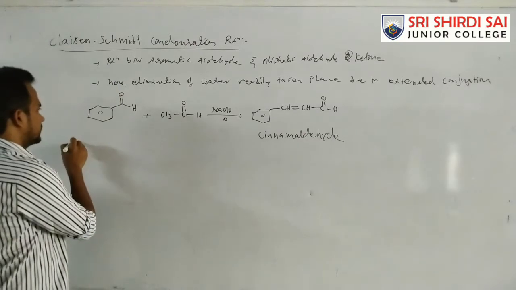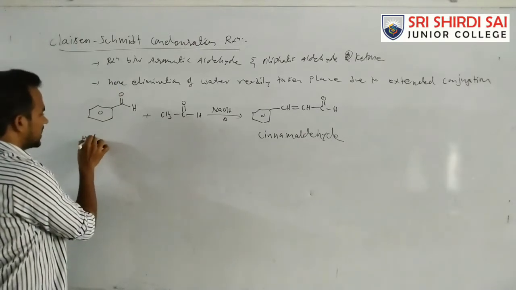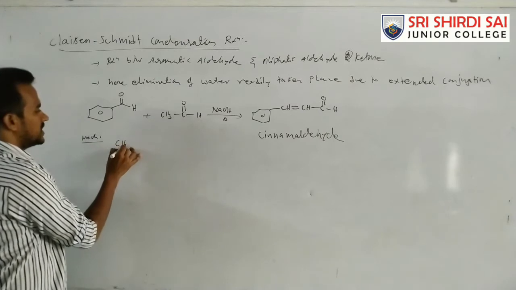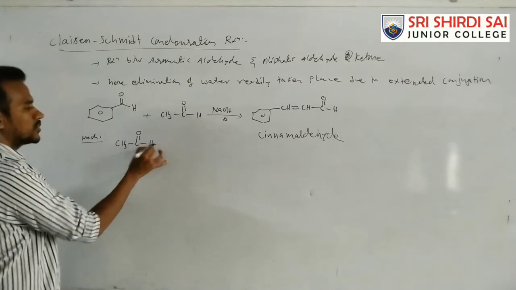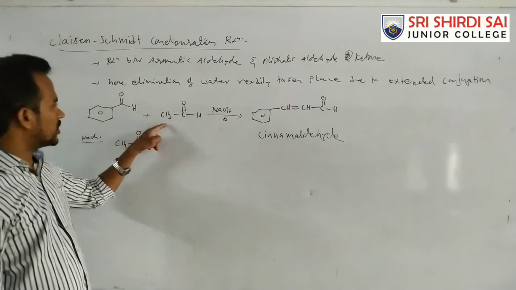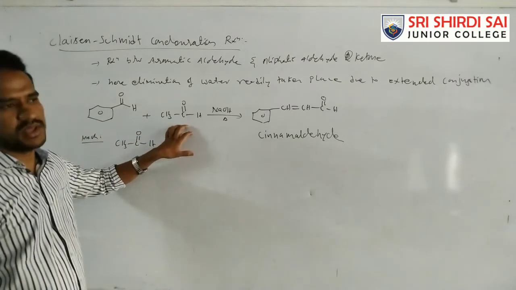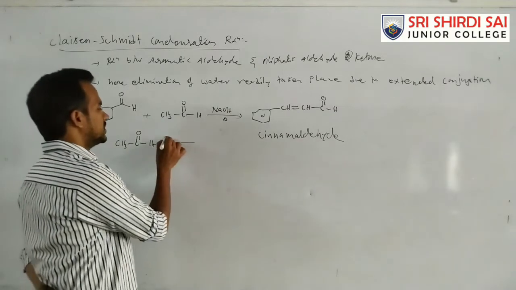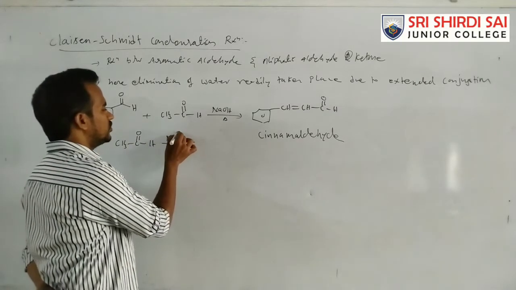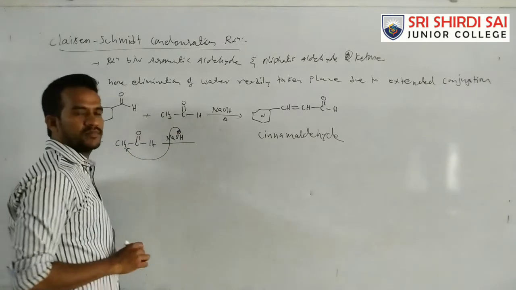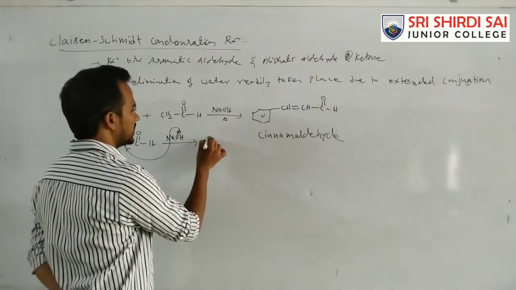So what is the mechanism of this reaction? Between two carbonyl compounds, this one has only alpha hydrogen. So here, the base removes the alpha hydrogen from this carbon, and a carbanion is generated.